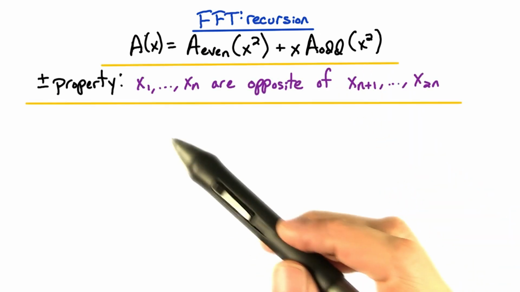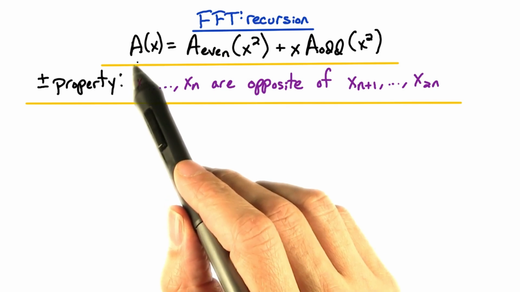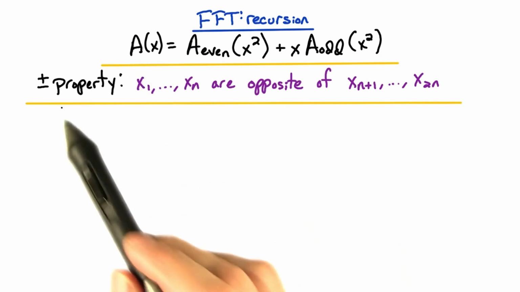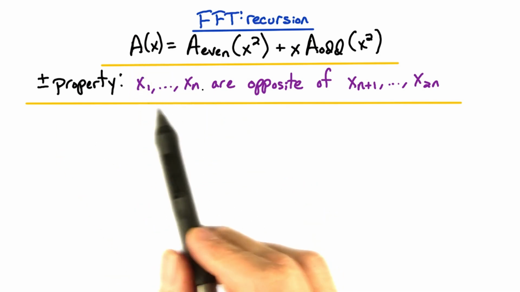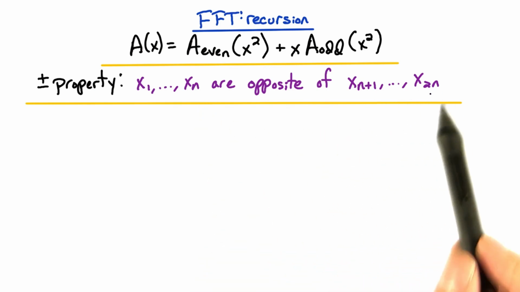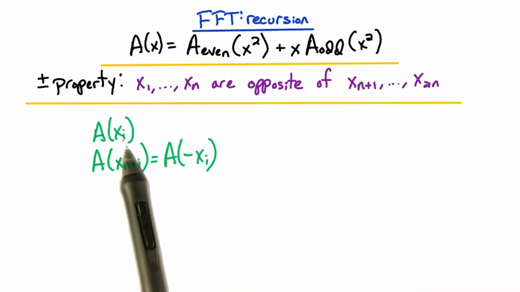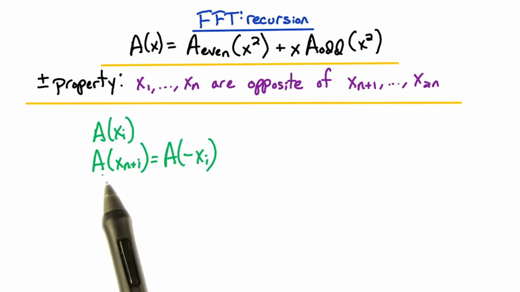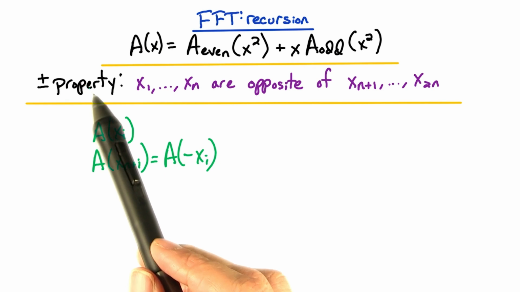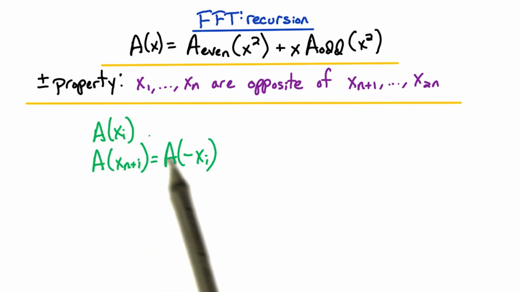Now let's suppose that the two endpoints that we want to evaluate A(x) at satisfy the plus-minus property. So the first endpoints are the opposite of the next endpoints. So let's look at A evaluated at the point xi and A evaluated at the point x n plus i. Because of the plus-minus property, this is A evaluated at xi and A evaluated at negative xi.